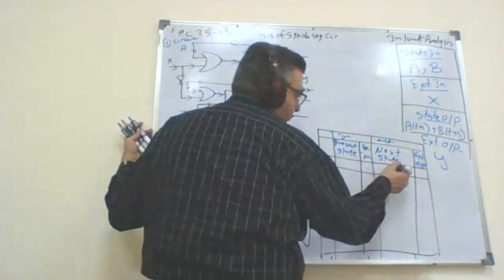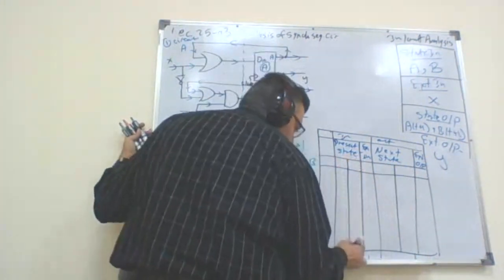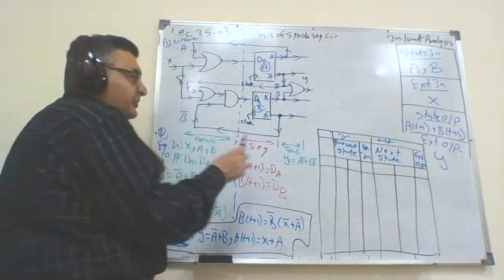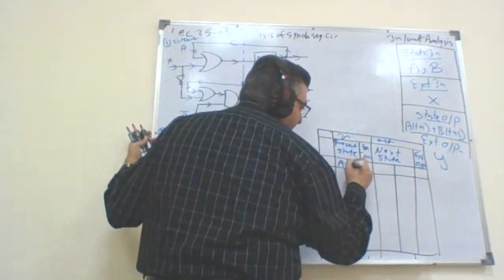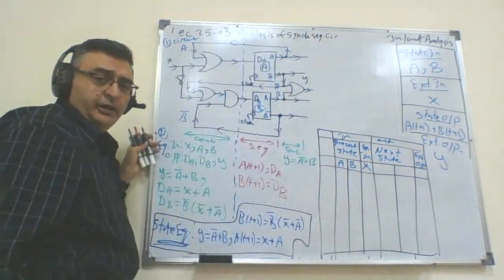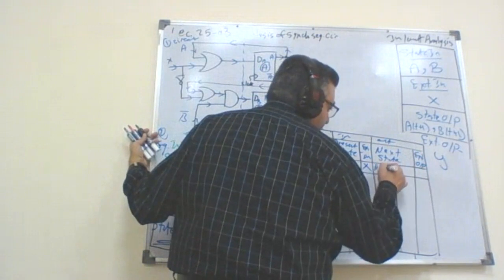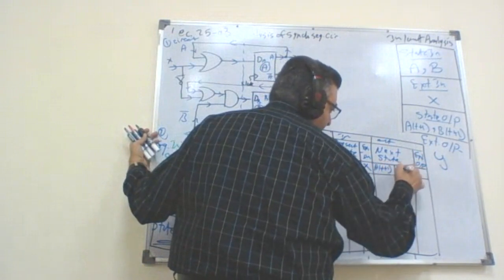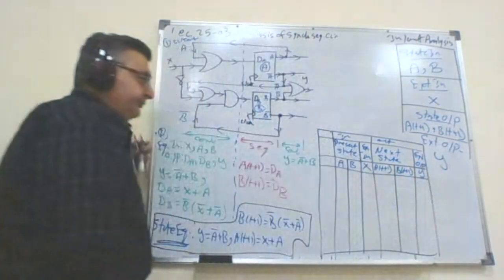How many columns for the next state? Two columns. How many columns for the present state? Two columns. So present state is represented by A and B, and the external is X. Agree? The outputs, I have A of t plus 1, B of t plus 1, and I have Y.